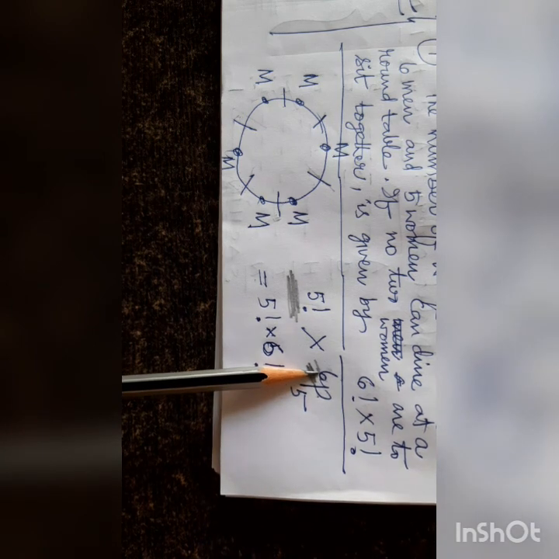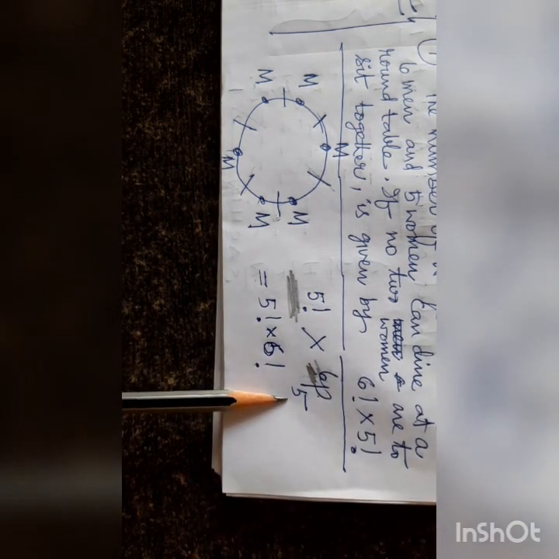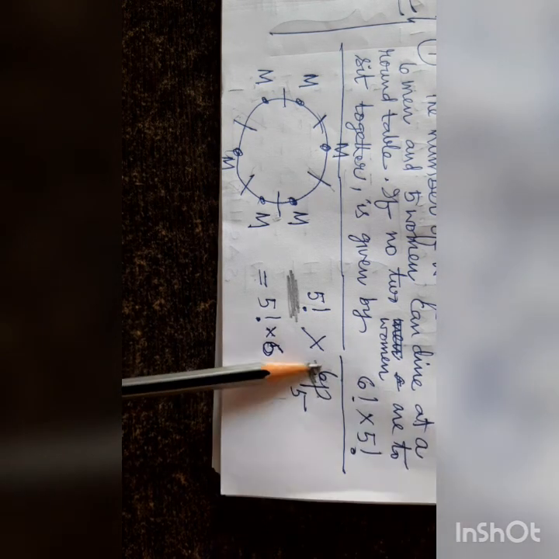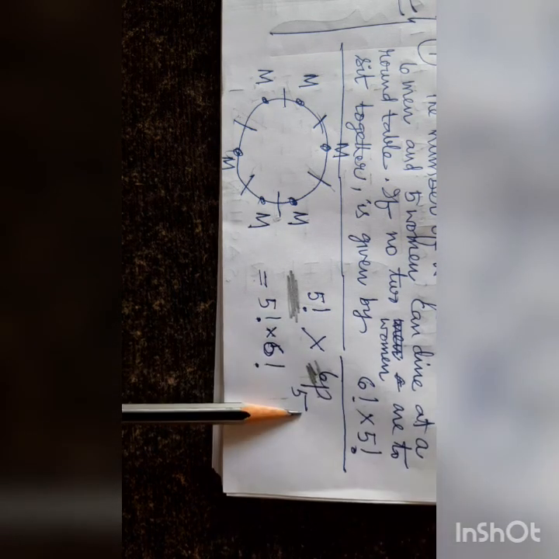How many women are there? 5 women. So it is 6P5. Between man and man there are 6 gaps, and in these 6 gaps 5 women can be seated. This is 6P5. So 5 factorial into 6P5 is the answer.